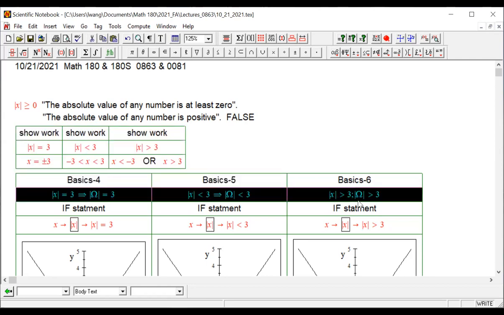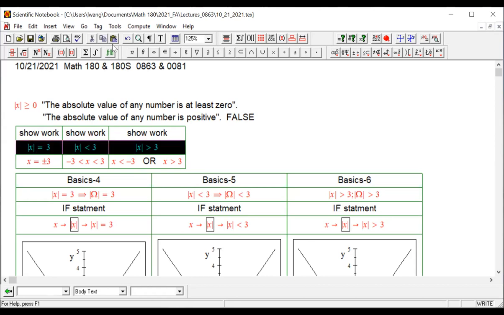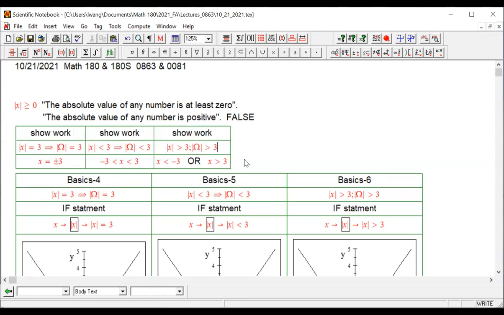And in a case like that, when this turns into anything, x would just turn into omega or anything. And of course, sometimes it requires more steps.